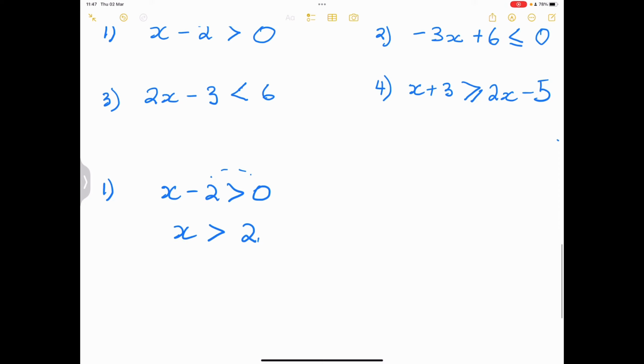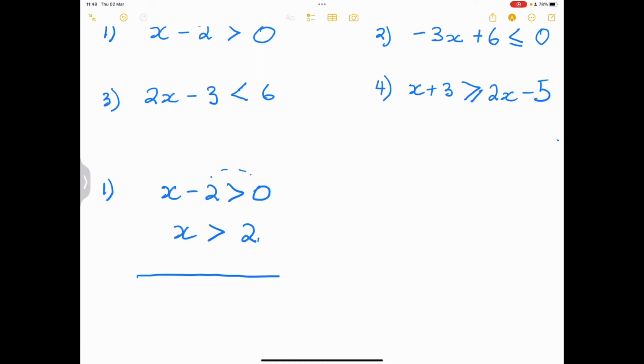But how do we write this in the other format? We did say that we need to incorporate that every time. First of all, let me draw the number line.